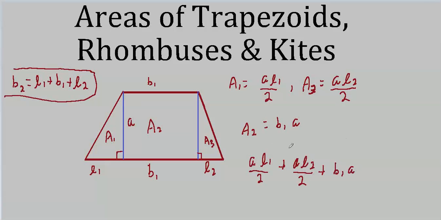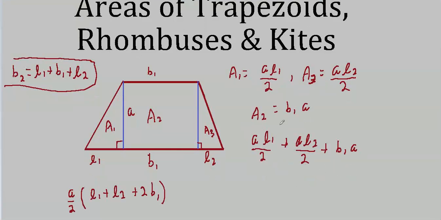Suppose I want to pull out an A over 2 from all of these. Well, there is a way I can write this that'll make that happen. I can use a distributive law to pull out the A, put that in front, and that's A times L1 plus L2 plus 2B1. Well, where the heck would 2B1 come from? I've only got 1 over here.